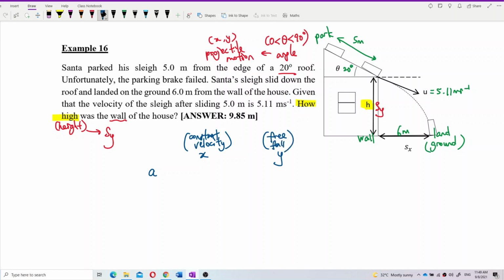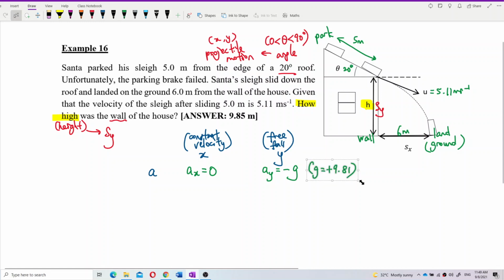Now, we know constant velocity has zero acceleration, so ax equals 0. Free fall motion has acceleration due to gravity, so ay is negative g, where g itself is a positive value, 9.81. Just put it over here for reference.